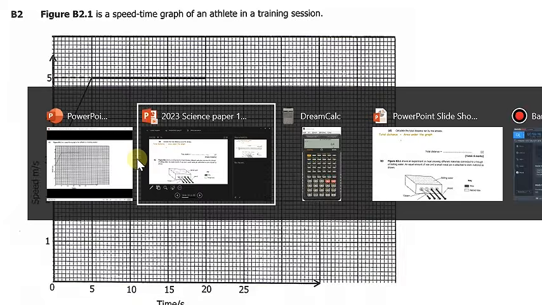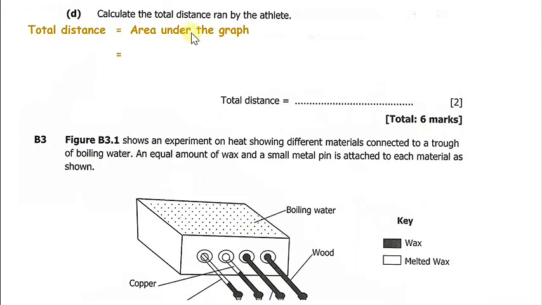So we'll do it this way. The area of the triangle is half base times height, plus the area of the rectangle, which is length times breadth.